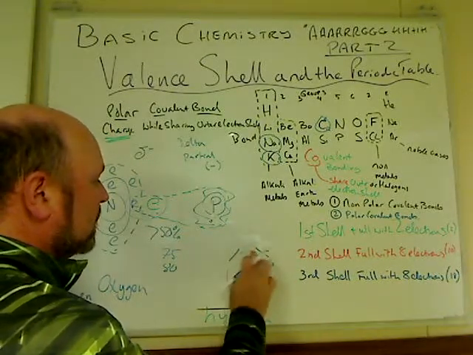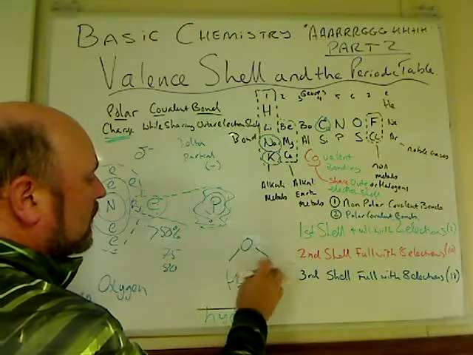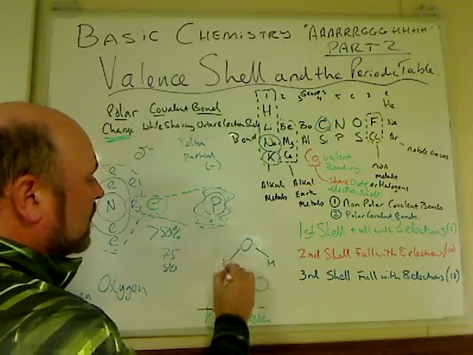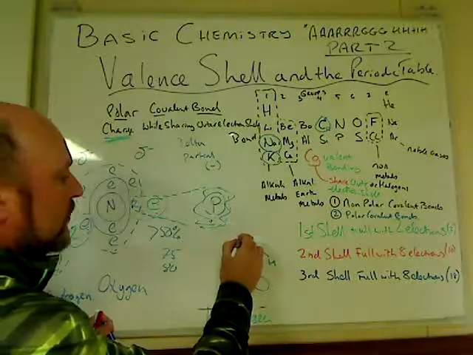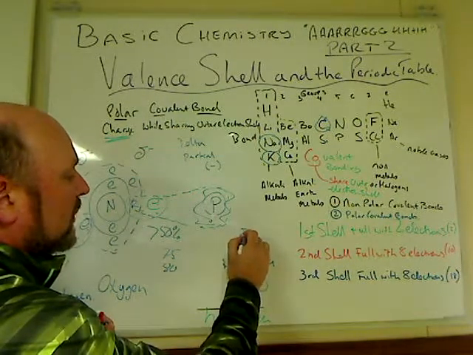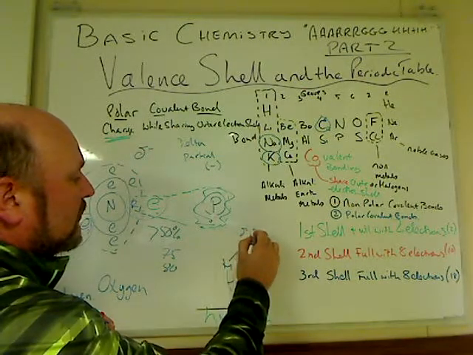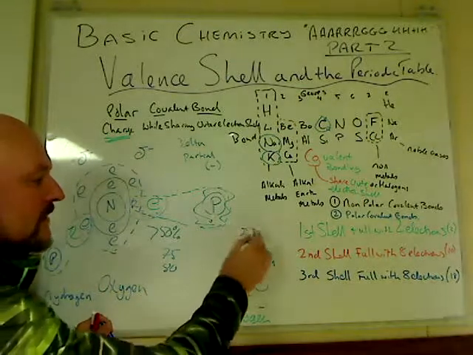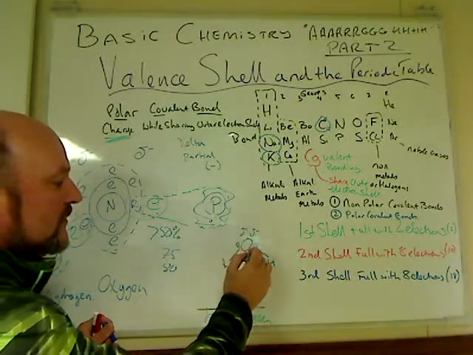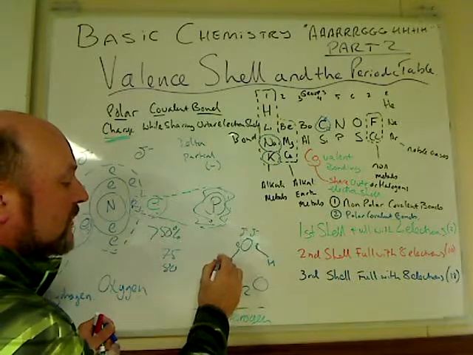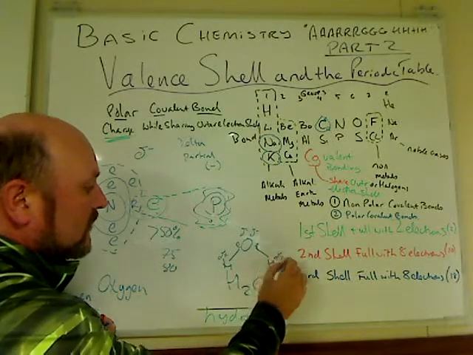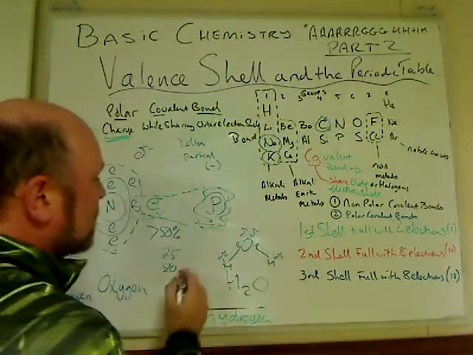Like that. So the oxygen ends up with a slightly overall negative charge because of the electrons sitting here and here from the hydrogens. And so the hydrogens end up with a partially positive charge.